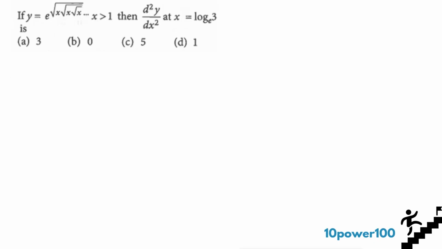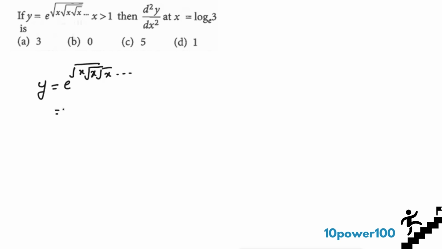Next question. y is equal to e power root x, under that we have one more x, under that we have one more root x, and so on. Then d square y by dx square we have to find out at x is equal to log 3 to the base e. Okay, now if you see the function, it is actually a continuous series.